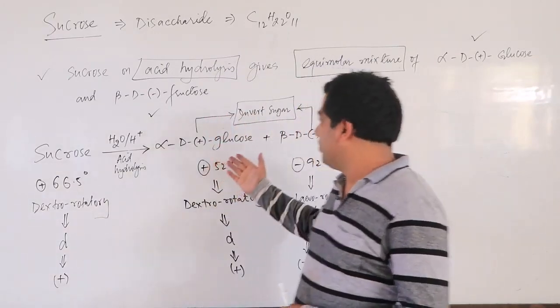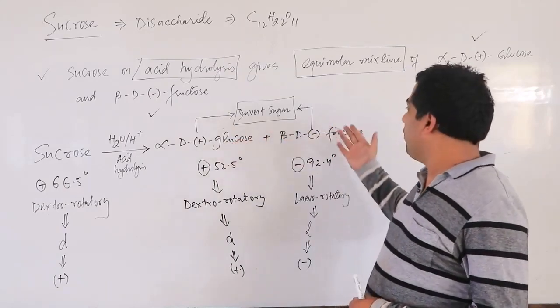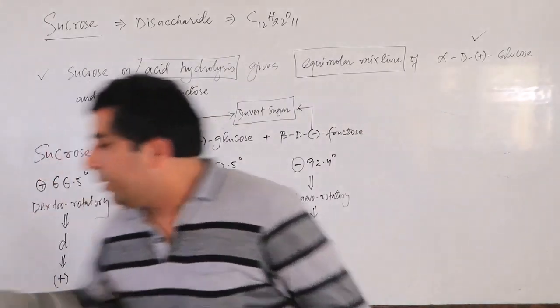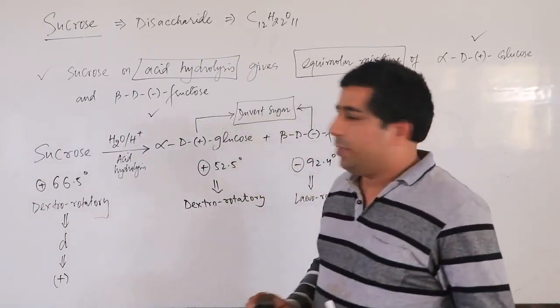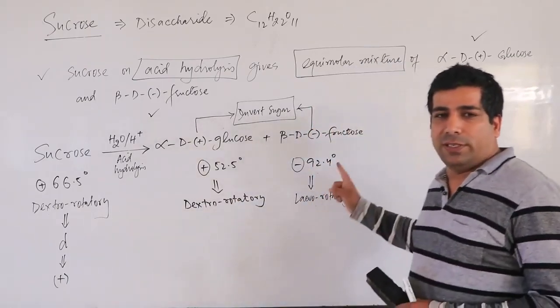through this solution, because the solution now contains two molecules, glucose and fructose, what is going to happen? Can you tell me? There is actually a competition between glucose and fructose. Who is more powerful?